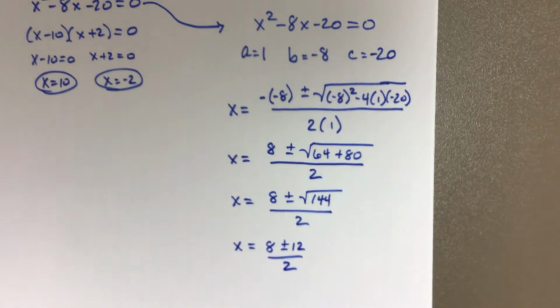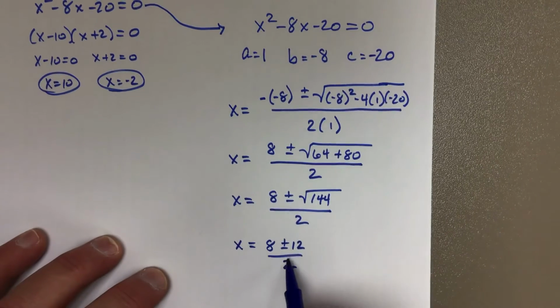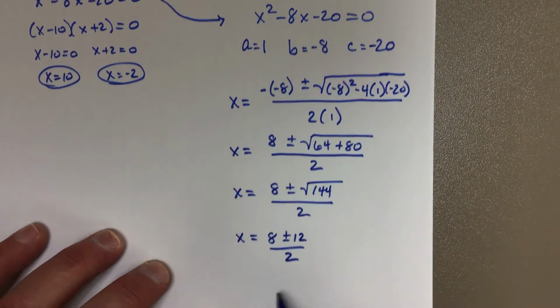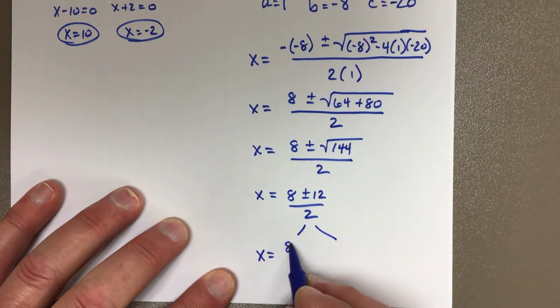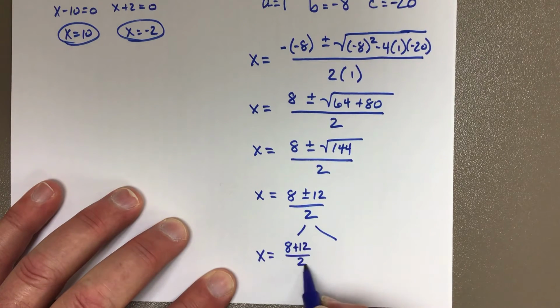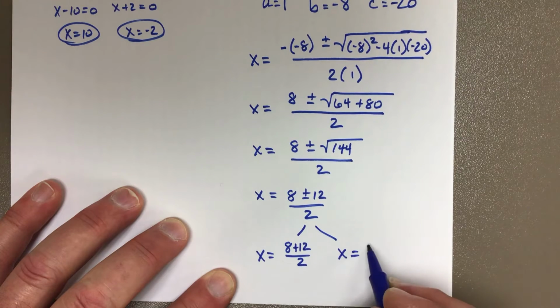Now we get to split it, because it says plus or minus. So x is equal to 8 plus 12 over 2, and x is equal to 8 minus 12 over 2.